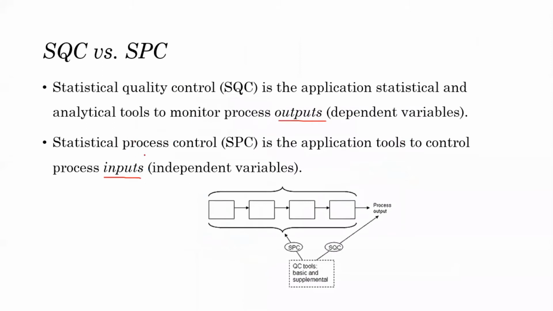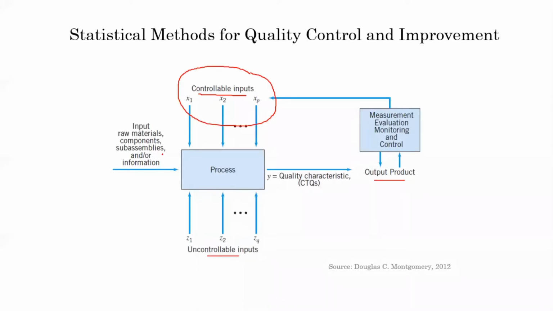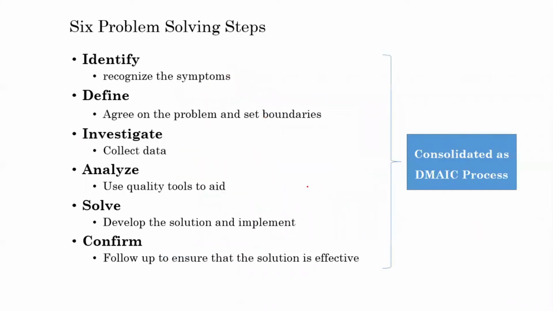As you can see here, we're worried about the inputs for the process. Whereas when we just worry about the quality characteristics of the output, it is known as statistical quality control. But they are working for the same thing, enhancing the quality characteristics that we want to control and improve.